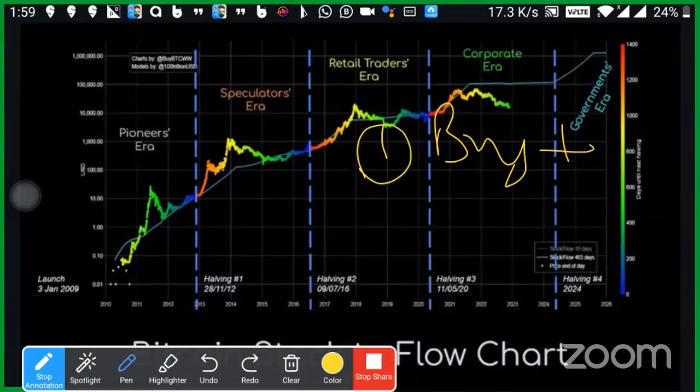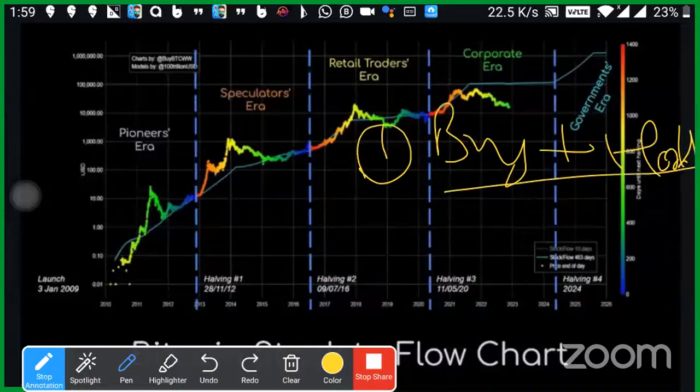Don't buy with money that you need to pay your landlord, your electricity bill next month, or your children's education fees. Don't buy with that, because our purpose is to just buy and hold. This is called holding.